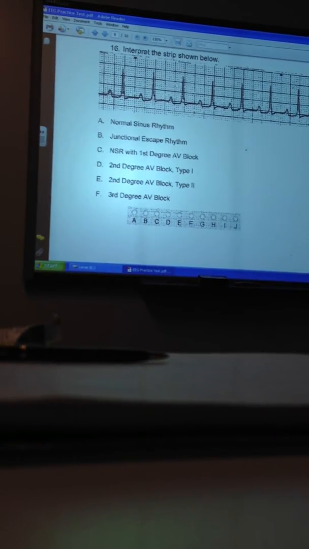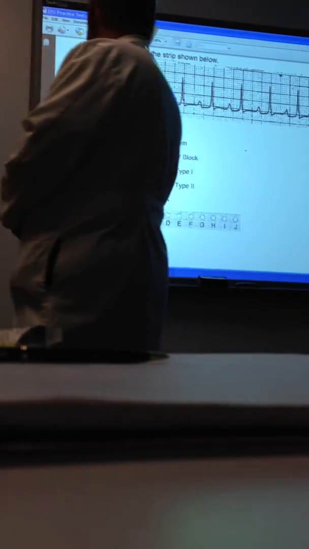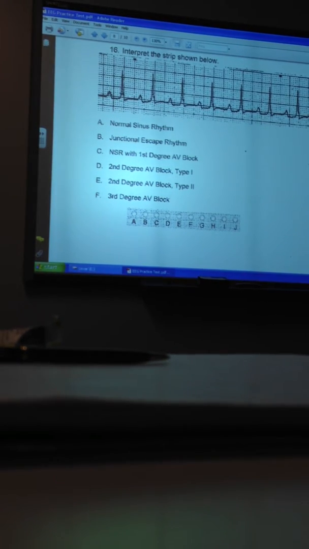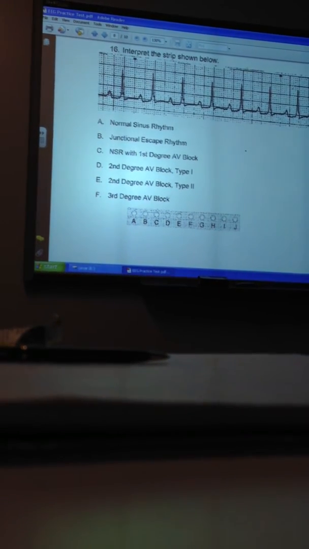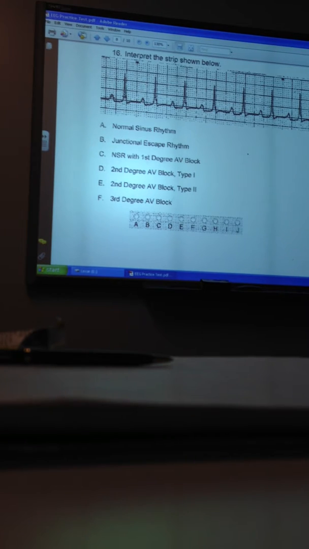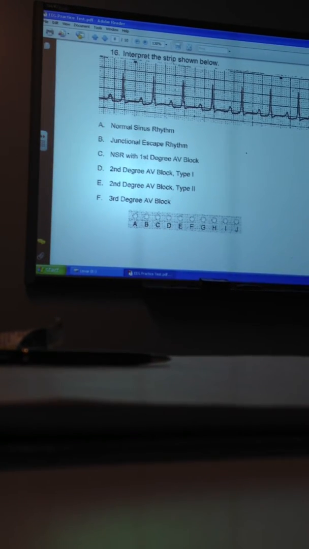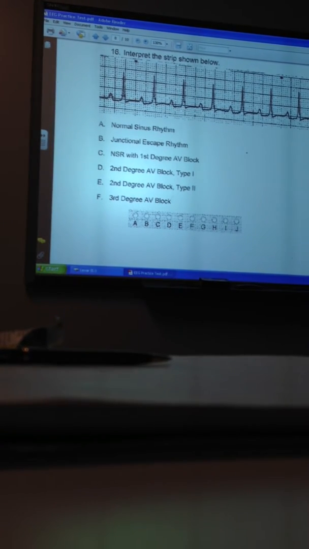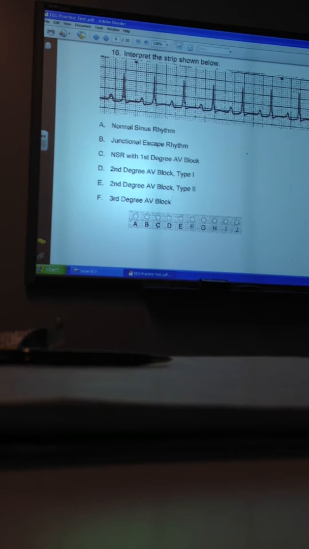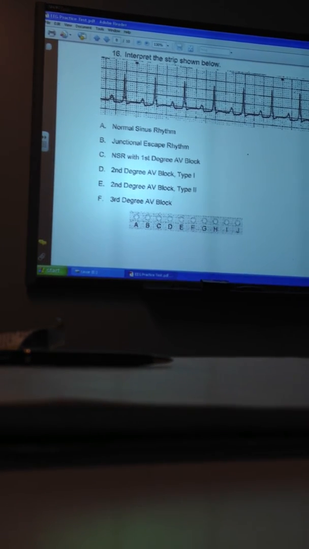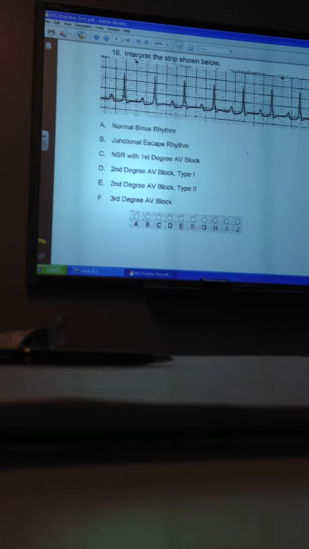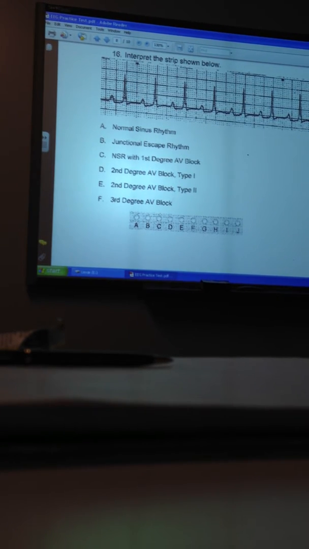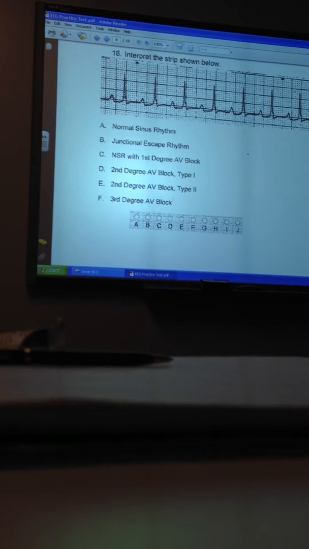What do I got here? P's are separated. Is it regular? Okay. Is it P for every QRS? Yeah. Okay. What my defining thing is that I look at right here is that I notice that the PR interval is too long. Okay?